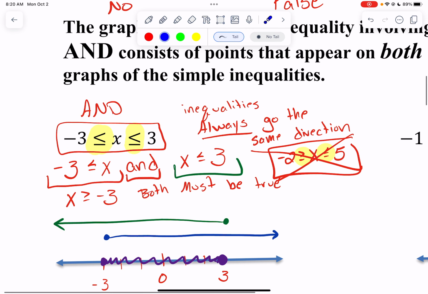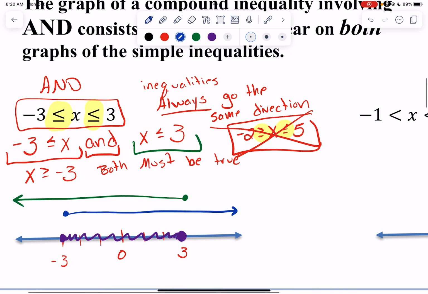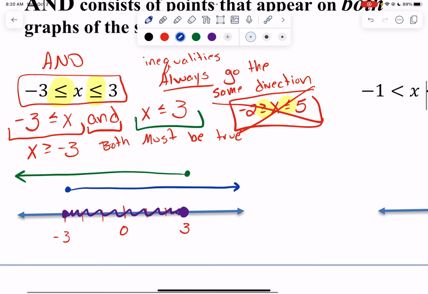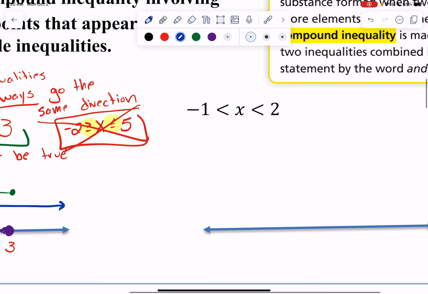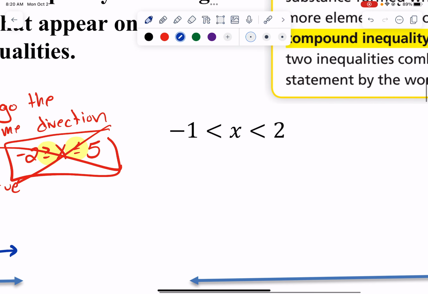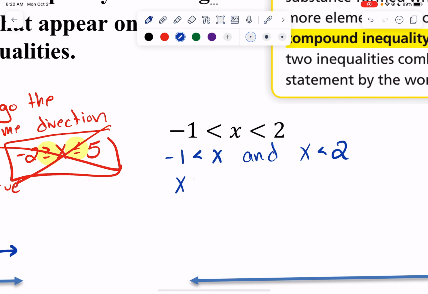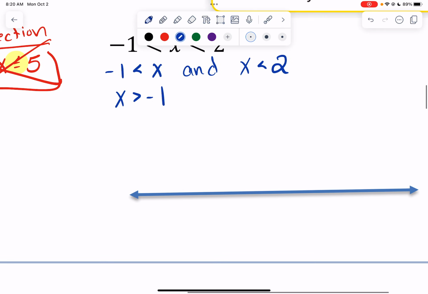So for an and statement, we shortcut it by putting it together, and it just means and. So our first step a lot of times in analyzing these is to break them up. For this next one, again, this is an and. -1 is less than x, and x is less than 2. If we flip this around, x is greater than -1. If I'm graphing this, here's 0.